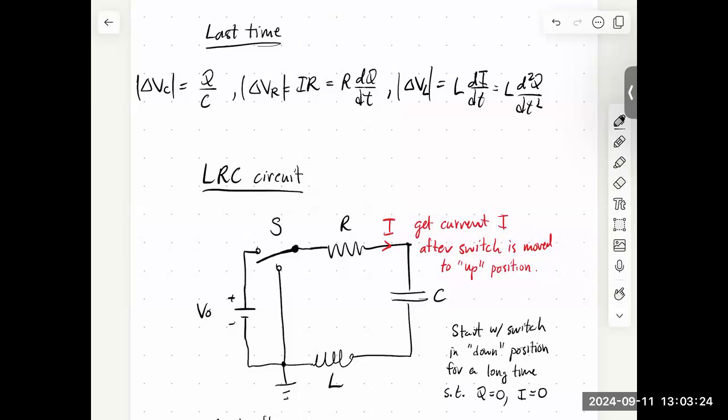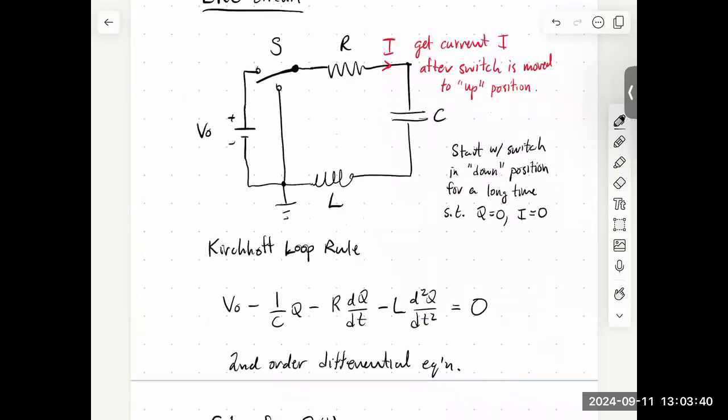Then after the switch has been down for a long time, we'll pick a time, we'll call it t = 0, and then we're going to flip the switch up. I want to know what happens when we flip the switch up. We worked out already the Kirchhoff voltage loop rule. We just went around this circuit in the clockwise direction.